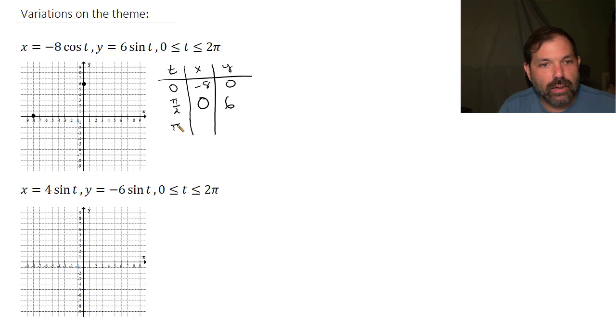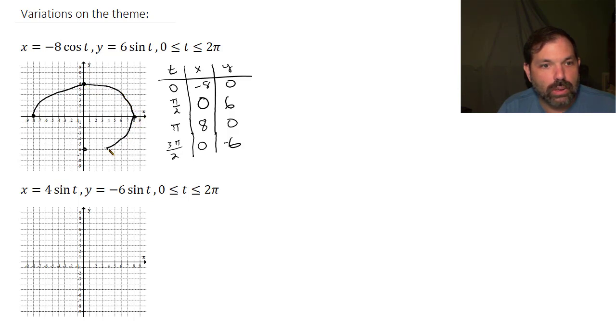And then at pi, I'm going to have 8, 0. And then at 3 pi over 2, I'm going to have 0, negative 6. And then 2 pi is going to give me the same result as 0, back to negative 8, 0. So then, tracing the curve in the appropriate direction, I'm going to get this shape.